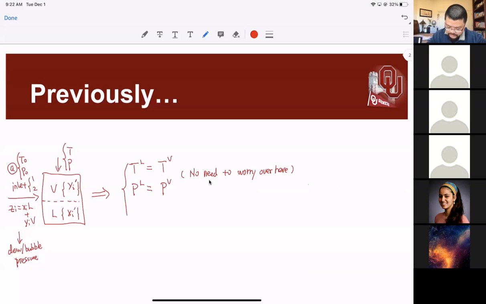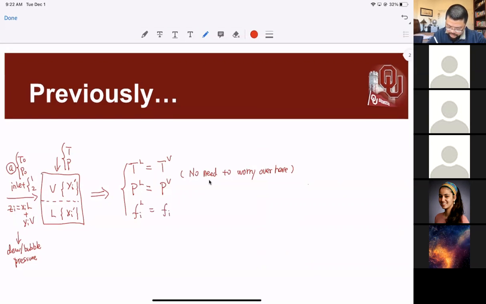Of course, measure them. So the last critical equation we have to satisfy is the fugacity. The fugacity for the component in the liquid phase shall be exactly the fugacity in the vapor phase. And if we want to make it more reflecting the mixture, then we try to have the hat, right?